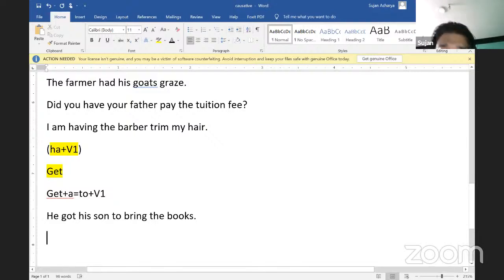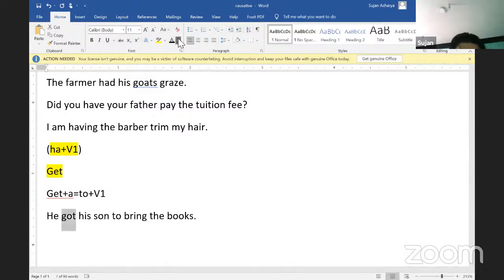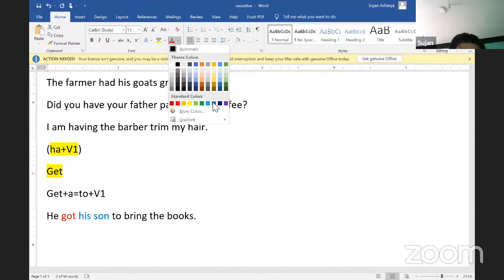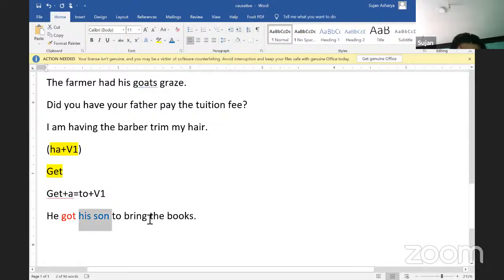Make plus agent takes V1. Have plus agent takes V1. Get plus agent takes 2 plus V1. Get, forms of the get verb, agent, takes 2 plus V1.